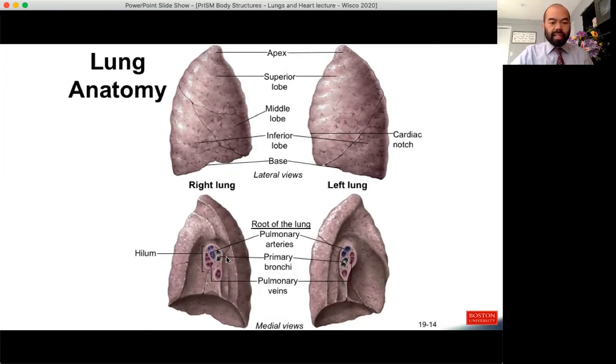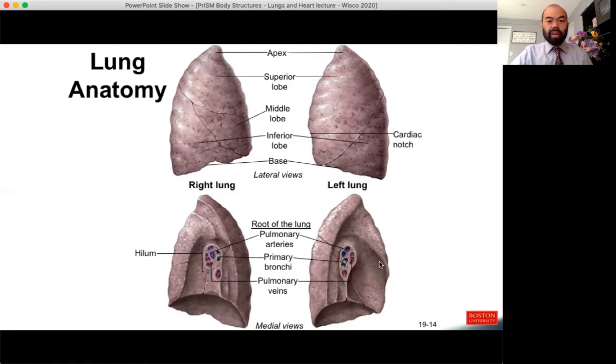The first is that the right main stem bronchus in this sagittal cut appears to be more like an oval structure. Whereas on the left side, it's a little bit more round, and it's not drawn quite that way here, but when you look at the cadavers, you'll note that the left main stem bronchus has more of a circular profile.